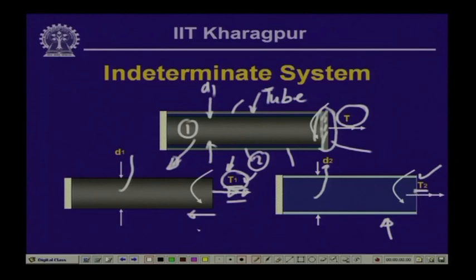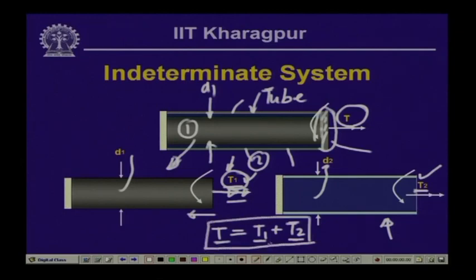If we write down the equilibrium equation, then the external twisting moment T is equal to T1 plus T2, because T is shared by the solid shaft and the tubular shaft. Again, we have only one equilibrium equation and two unknown parameters, T1 and T2. So, from this single equation we cannot evaluate the values of T1 and T2.